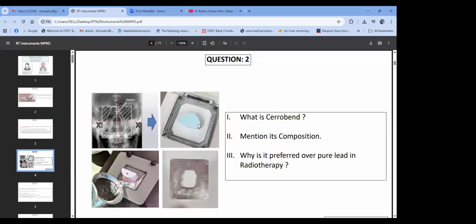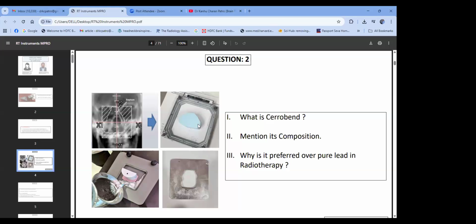Okay. So coming to the next question. What is Cerrobend? Discuss its composition and why... I think you already answered this. Why is it preferred over lead in radiotherapy for making blocks? Cerrobend is a low melting point alloy of lead. It's made up of bismuth, tin, lead, and cadmium.